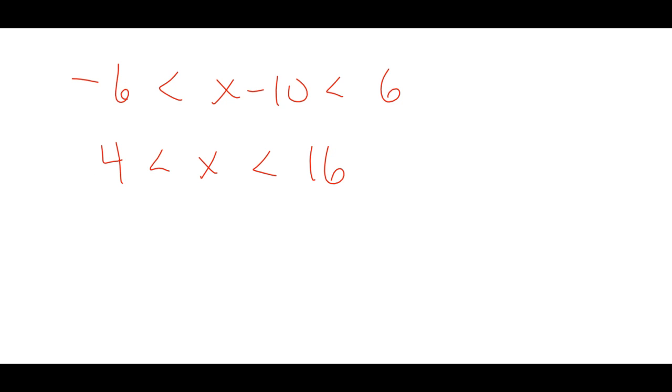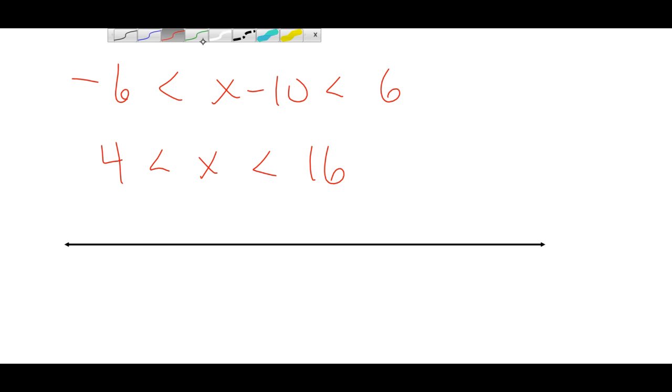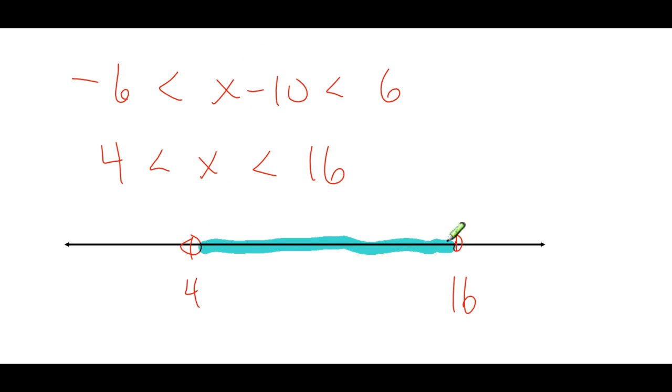And on the number line, that would look like this. Here's 4, and here is 16. And it's everything in between those two, and again, not including those two, but it's all the stuff in between them. So there's what the inequality is. Now, what does it have to be, according to what we said before?